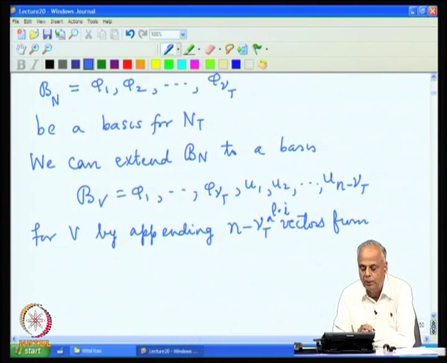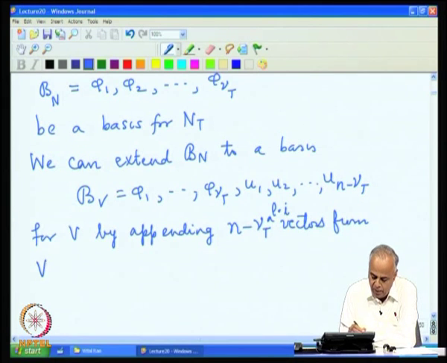So, n minus nu of T linearly independent vectors coming from V, but outside N of T.